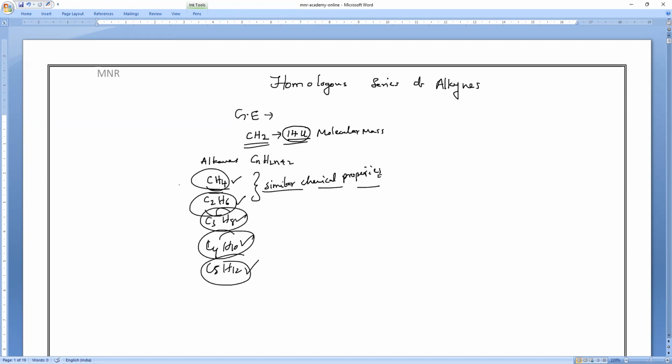But as I said, if you keep going down, something is increasing. What is increasing, all of you? Molecular mass is increasing. As we know, if there is an increase in molecular mass, chemical properties may be the same, but there is a gradation in something. What is that, anybody?